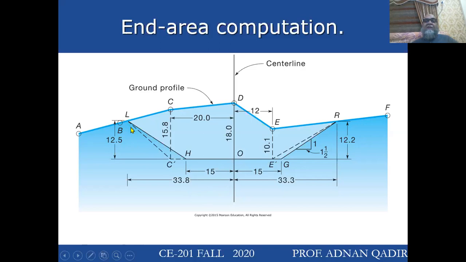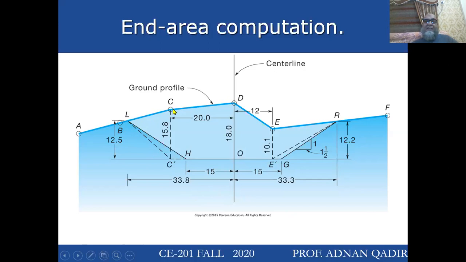Now why say minus? Because it is on the left side. I say plus when it is on the right side. So the coordinate of L will be minus 33.8 and plus 12.5.